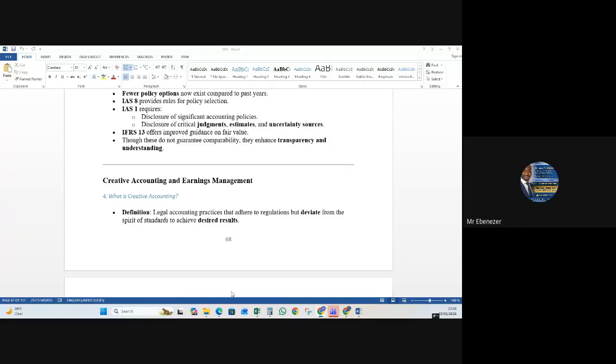Those of you who offer CSMA, what is creative accounting? Creative accounting is the use of aggressive, questionable accounting techniques to produce desired accounting results.